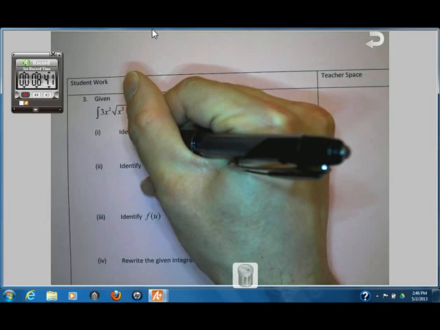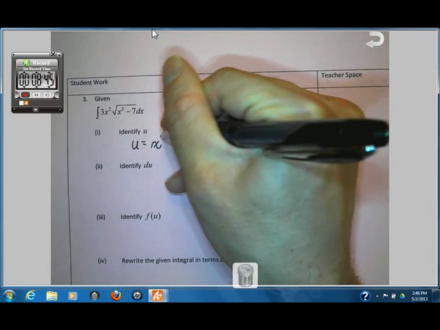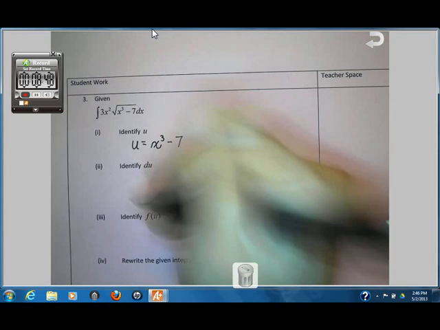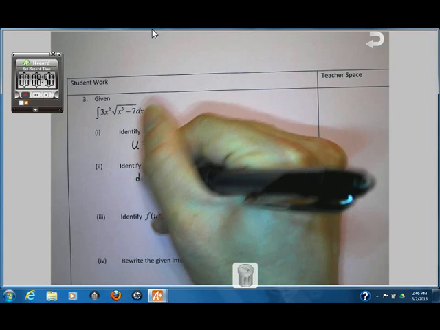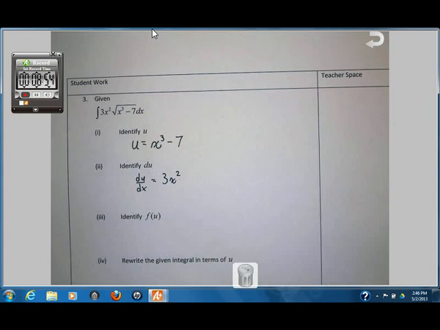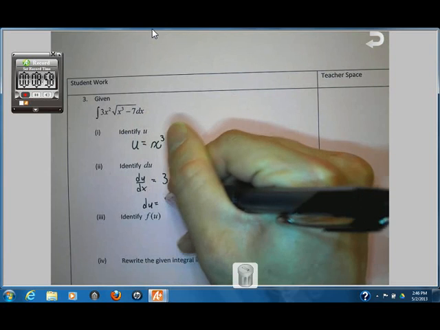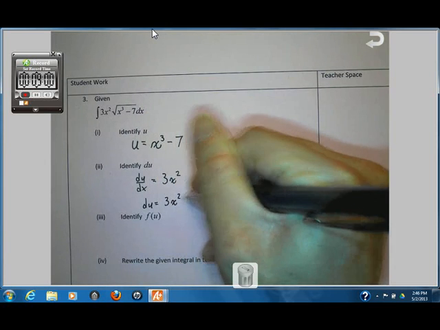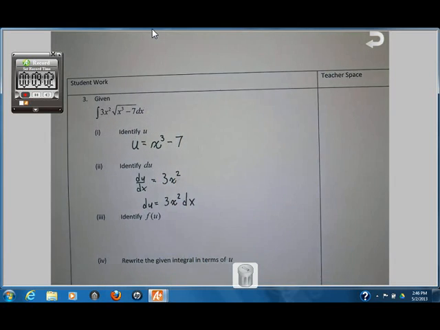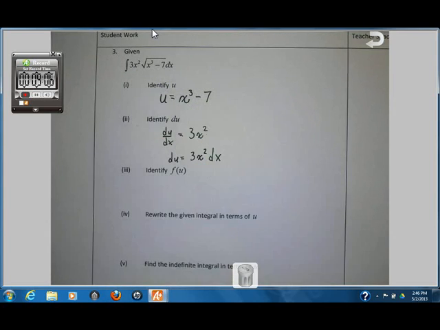The derivative of negative 7 is 0, so then du is 3x squared dx. So then f of u, well, the u is inside the square root. So the f of u is either the square root of u, or we think of this as u to the 1/2. I think u to the 1/2 would be more convenient.